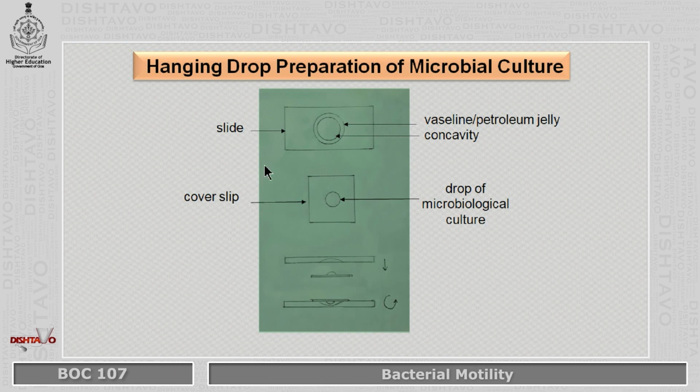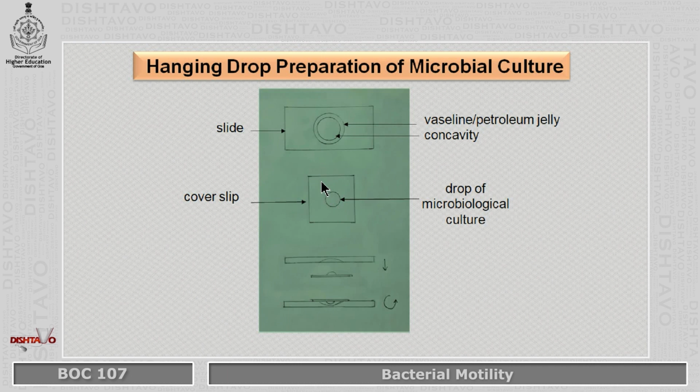So, first we need to take a slide, that is a cavity slide which is having a concavity in the center of the slide. Then we have to apply either Vaseline or petroleum jelly around the concavity. Next, we need to take a square cover slip and put a drop of microbial culture onto the center of the cover slip using an inoculation loop.